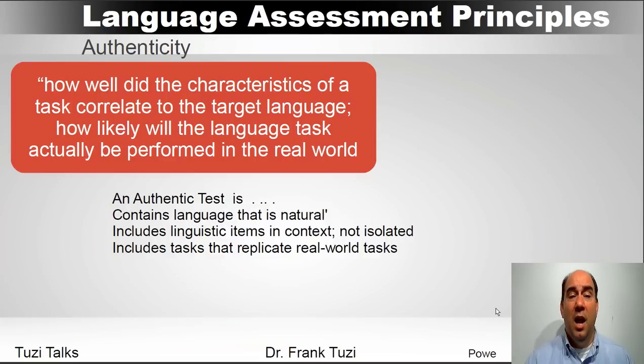Basically, all we're looking at with authenticity is that the assessment that's being given is an assessment that may appear in real life. How well did the characteristics of the task correlate to the target language? So the assessment that you're giving, the task that you're giving, or the test that you're providing, are the components in it actually going to be encountered in the real world?